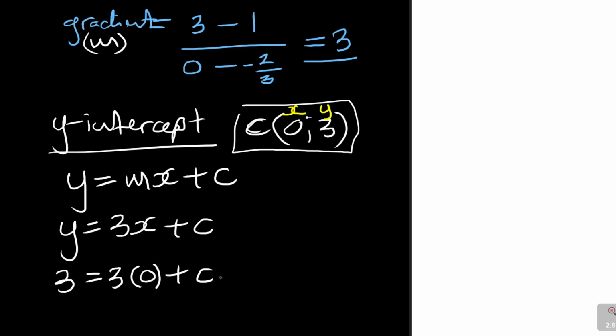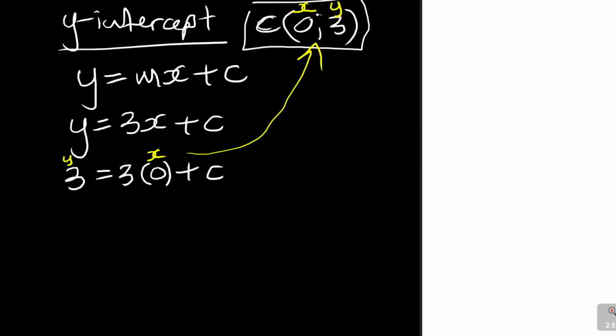I'm substituting. So this was my y value and this was my x value, from here. You can choose any point. You can choose point A, it will work. You can choose point B, it will work. So now when you solve this, 3 is equal to, 3 times 0 is 0. So 3 is equal to c.